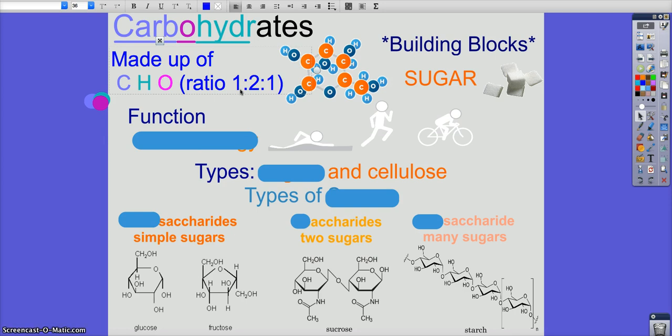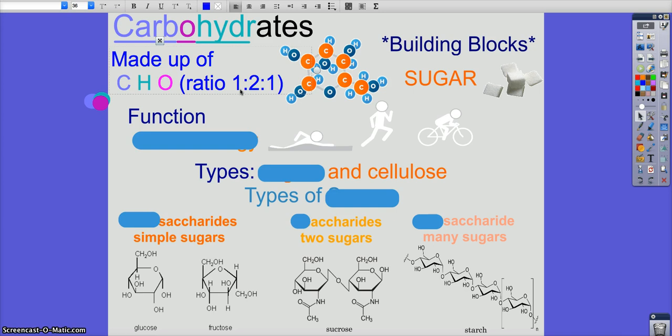So if I have 6 carbons, how many hydrogens? 12, and how many oxygens? 6. If I have 4 carbons, how many hydrogens? 8. How many oxygens? 4. Good. 1 to 2 to 1. So every molecule is arranged that way if it's a carbohydrate.